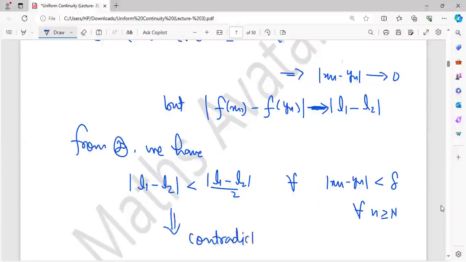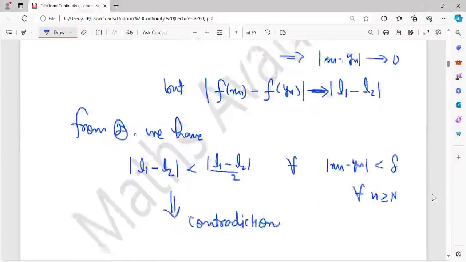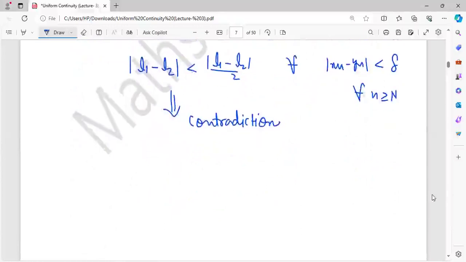Because this is a non-zero quantity, this is a contradiction, so it cannot be less than its half. Okay, this is a contradiction. This implies the limit as x tends to a plus of f(x) exists.